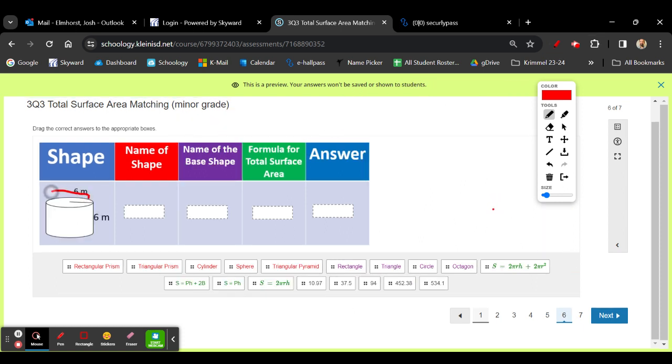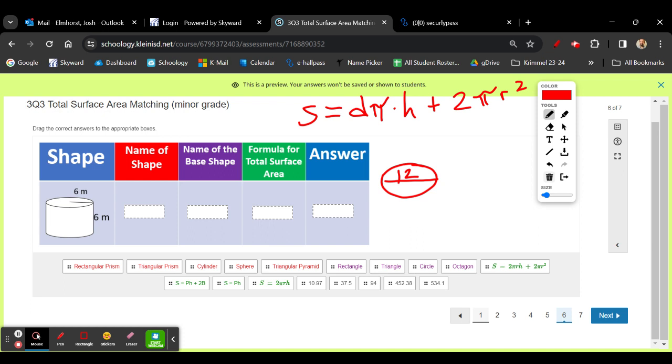Using that strategy again, find the circles for the bases and their parallel opposites. So we're good there. And if the radius is 6, then the diameter is 12. We're going to use the surface area formula of diameter times pi times the height plus 2 times pi r squared.